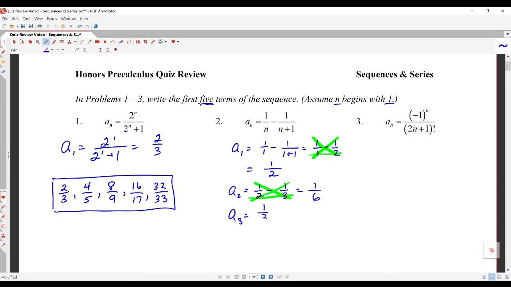A3 is 1 over 3 minus 1 over 3 plus 1 is 4. Cross is 4 minus cross is 3. That's 1 over 12.